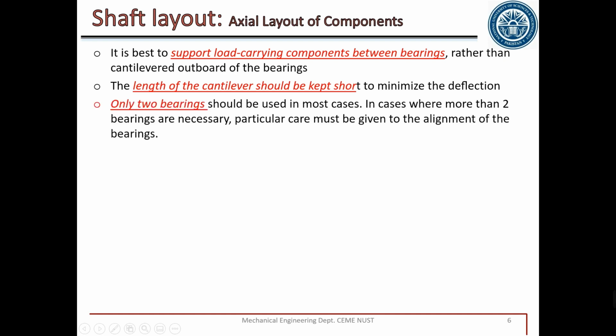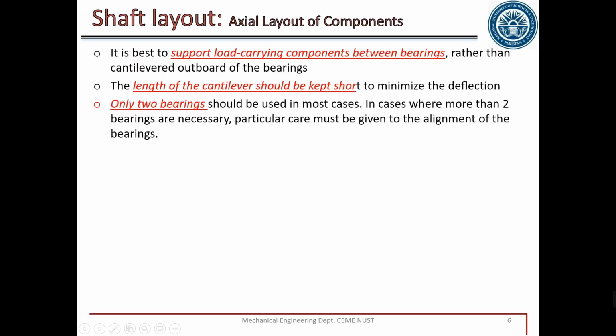We prefer at most two bearings. Why? Because whenever there are two points, we can have an exact ideal horizontal straight line between them. But when we have three points, there is a possibility that the line will miss at least one point.